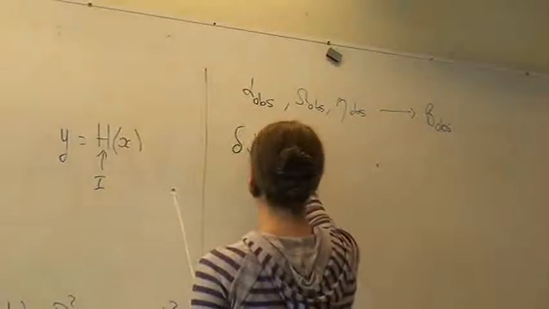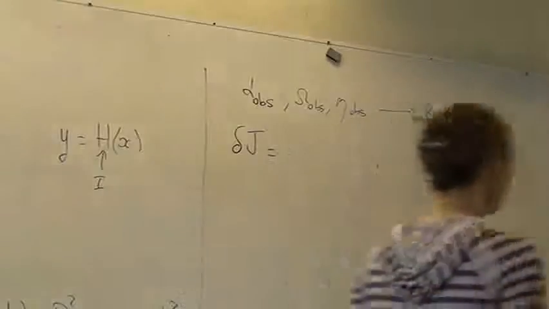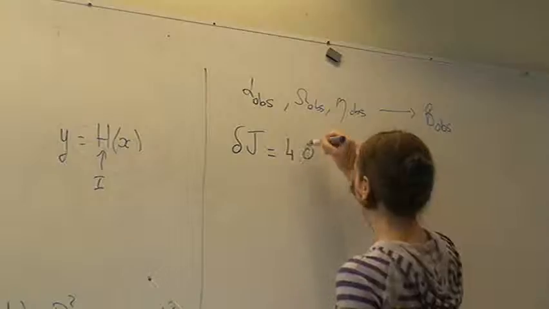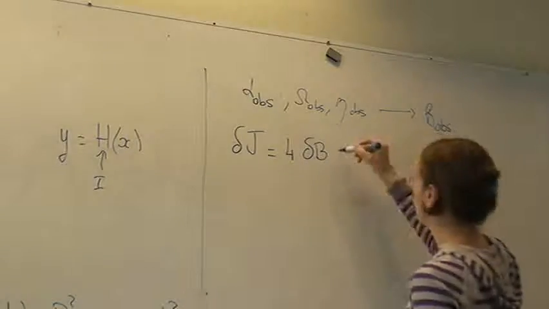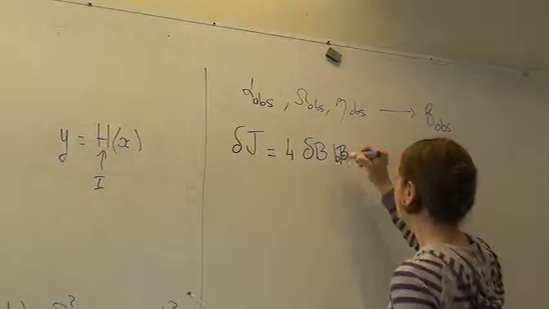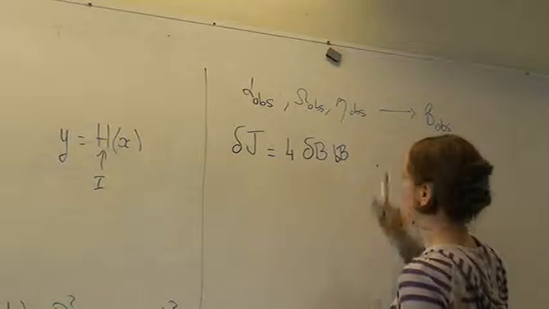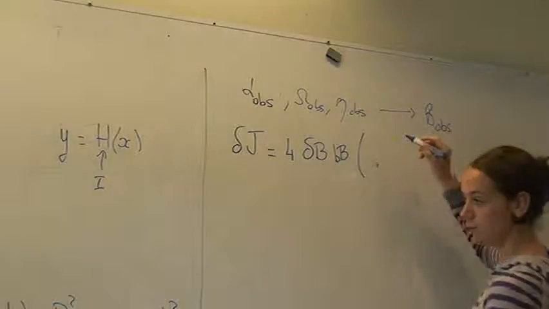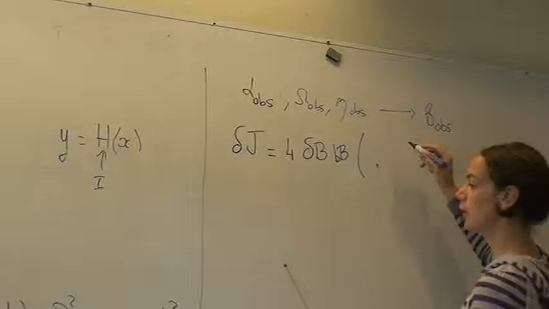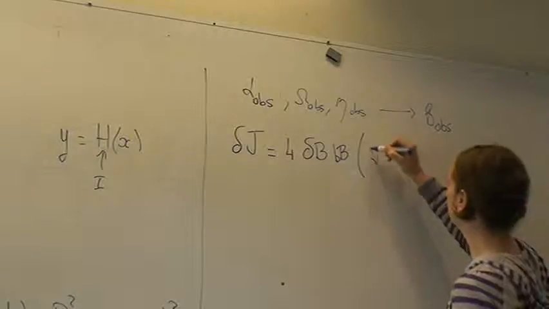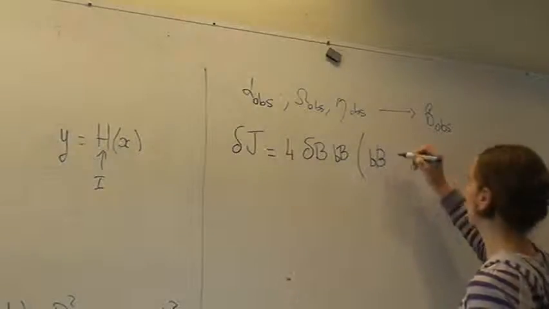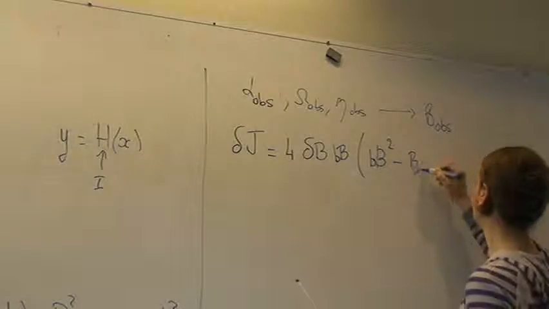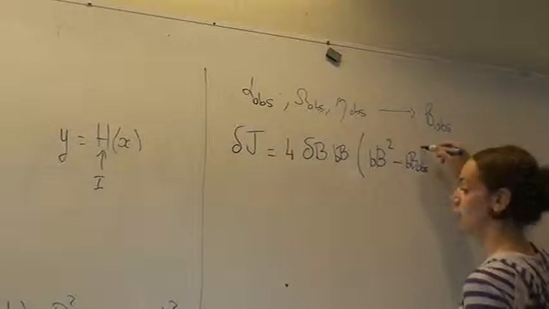So I call it maybe now delta J. I differentiate this, so it's 4 delta B, B, maybe basic B, if it's clear for you, and then I have B squared minus my observations, which are a basic observation as well.